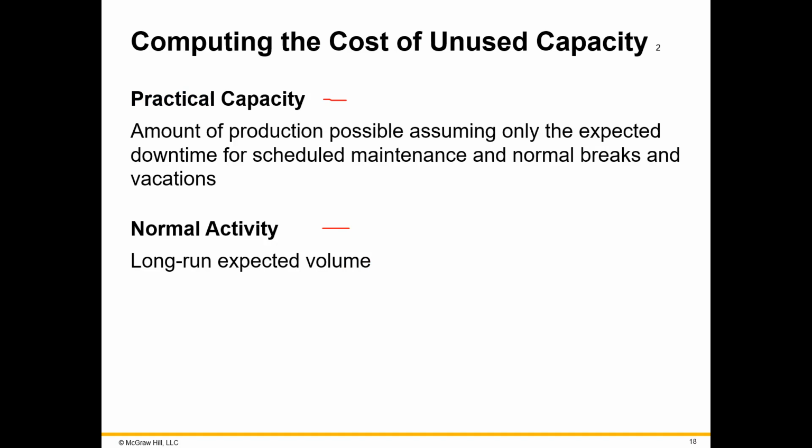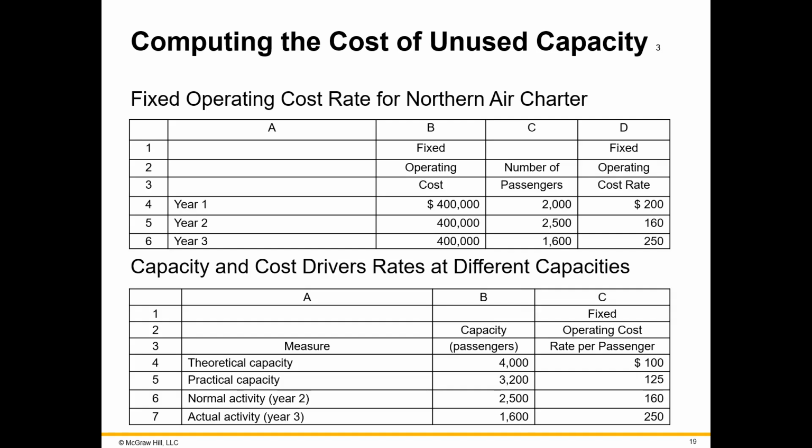So when we're using normal activity, the cost of used capacity is charged to the product, and the cost of the unused capacity, which we mentioned, is charged as a period expense. Now, depending on which capacity we use to allocate costs, the operating cost rate can be very different. If we're basing our number on theoretical capacity, then in this situation, the fixed operating cost rate per passenger is $100 per passenger.